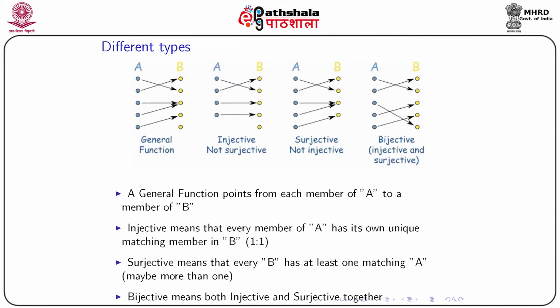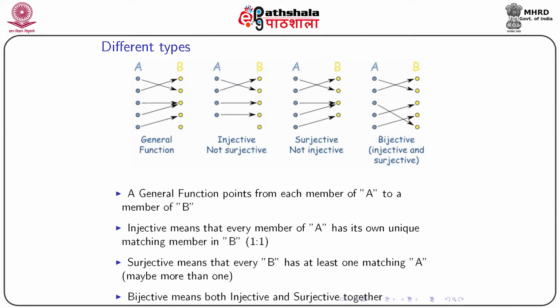Now the second sort of function we call injective, where every member of A has its own unique matching member in B. That means I cannot have two different members in B for the same A, and on the contrary I cannot have the reverse also.